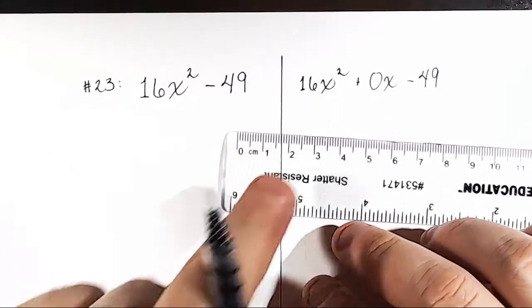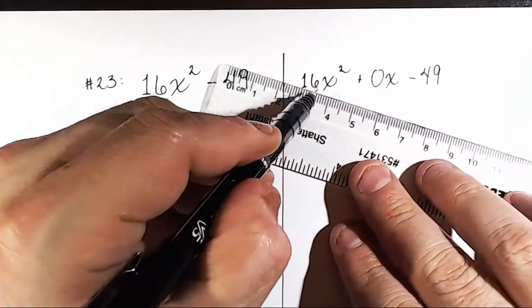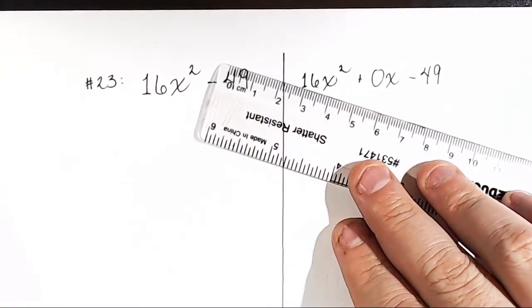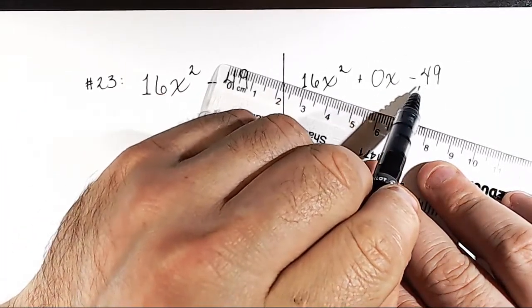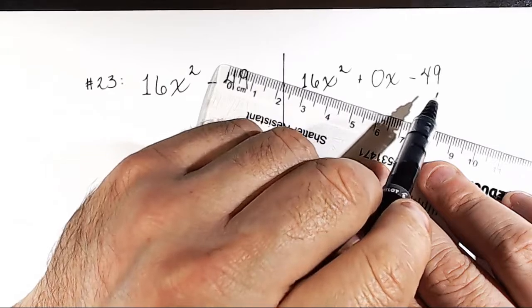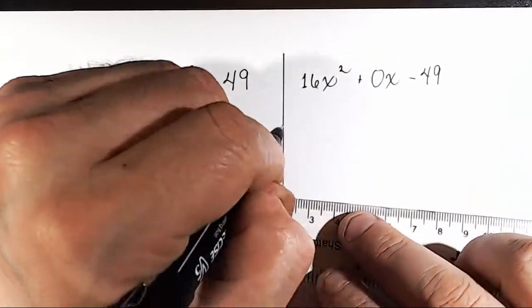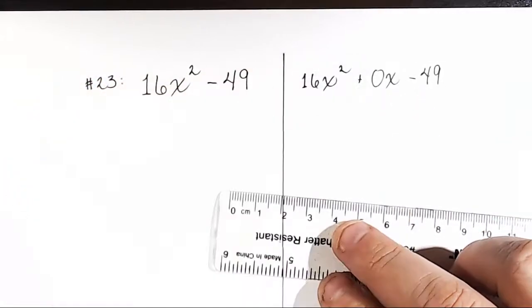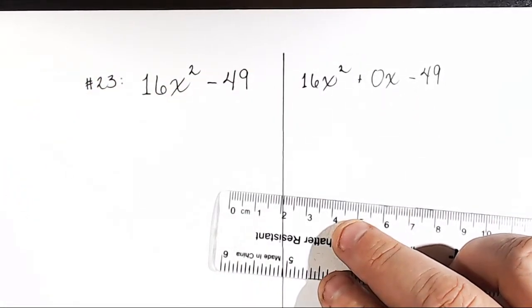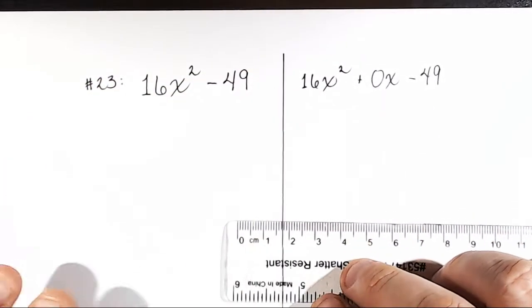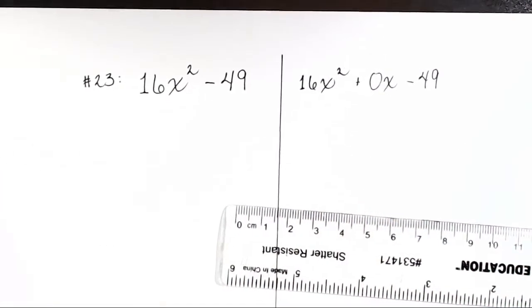And if you wanted to, you could multiply 16 and 49 together, and you could work it out like that, 16 and negative 49. That may be what you choose to do. But I want to just dig into this a second.